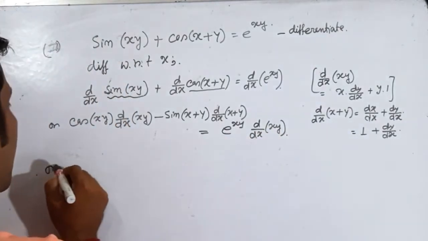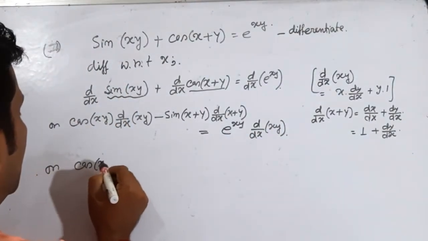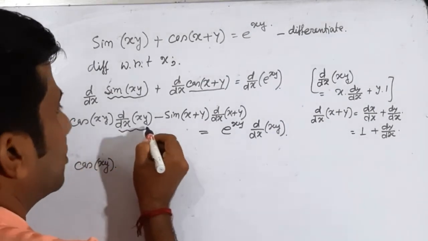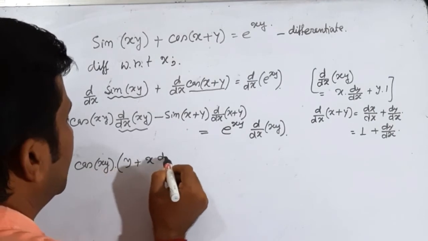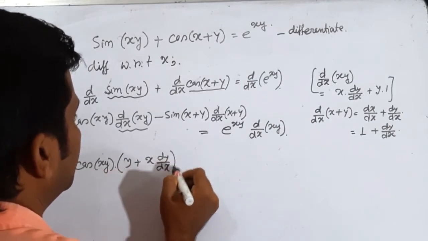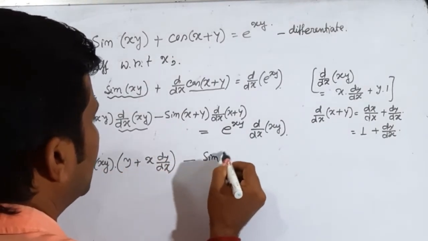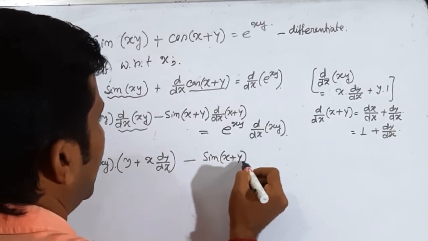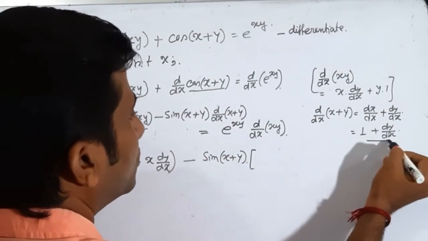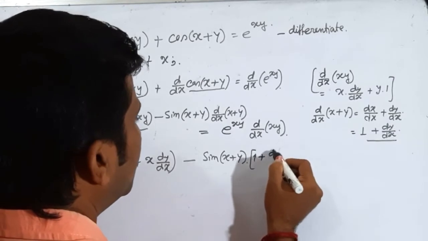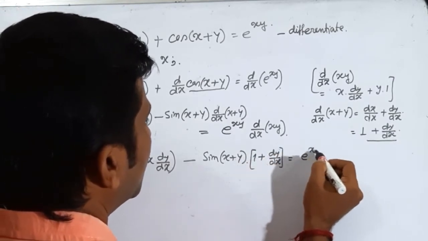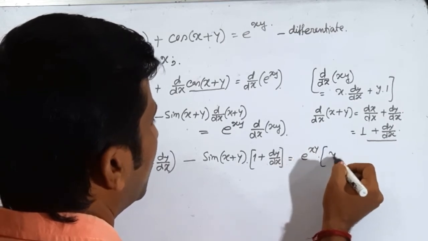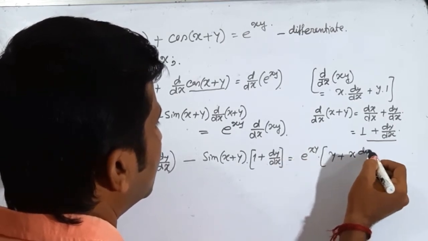So from here we get cos xy into d/dx of xy means y plus x dy/dx, minus sin of x plus y into 1 plus dy/dx, is equal to e to the power xy into y plus x dy/dx.